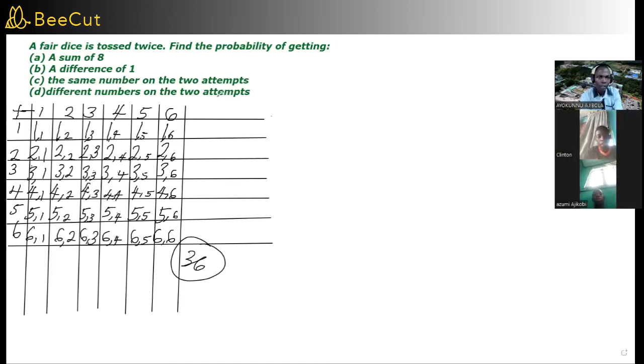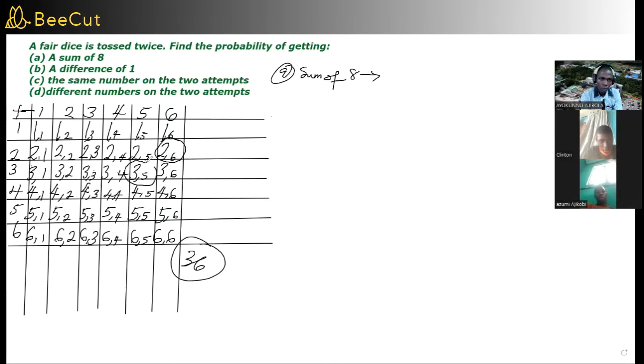Now for question A. Question A says find the probability of getting the sum of 8. So how many of the items show a sum of 8? Let's count. 6, 1. 2 plus 6 is 8.